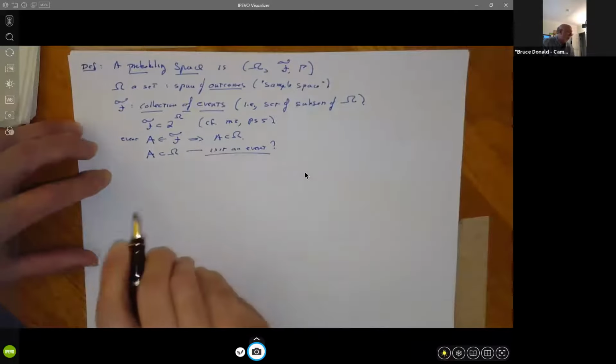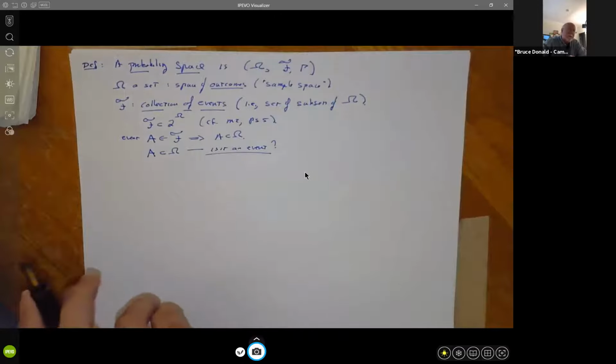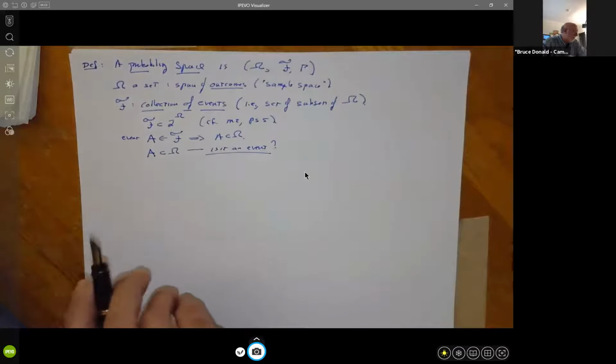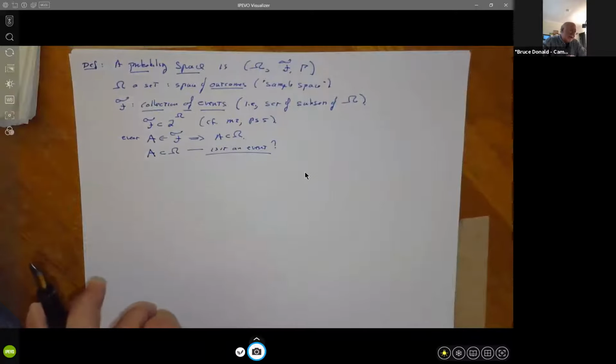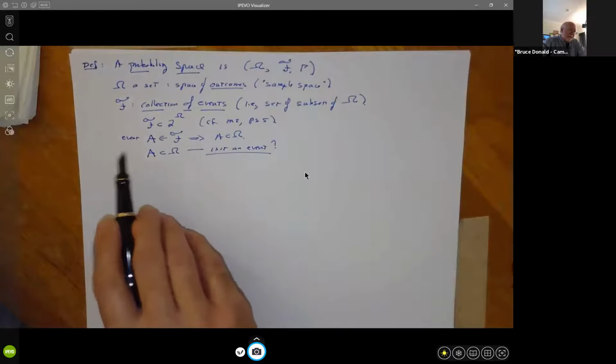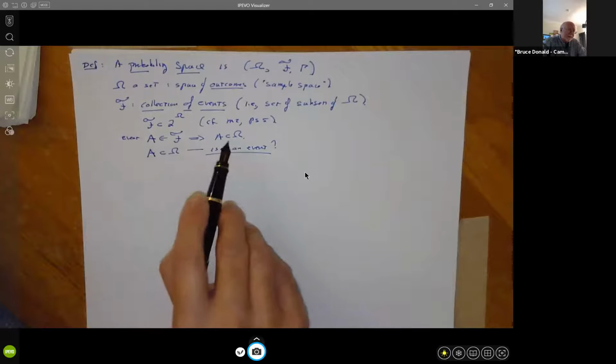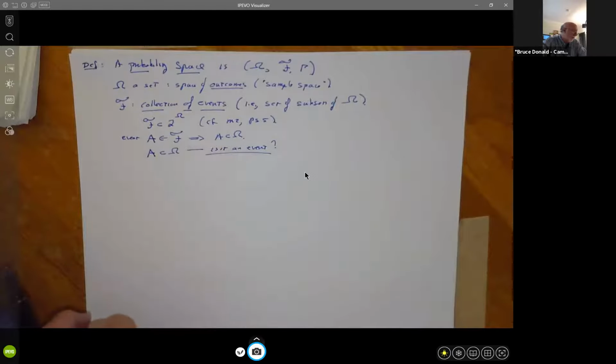Here the answer is a little more complicated. The answer is, in this class, yes, because I'm going to give you well-behaved examples. But there are good reasons for not assuming so in general. In other words, an event in our set of events is necessarily a subset of our outcomes, but the other way around is not necessarily true in general, and you'll encounter this in future mathematics classes.